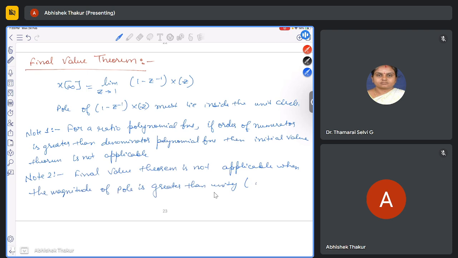So this means the poles must lie within the unit circle. Okay.